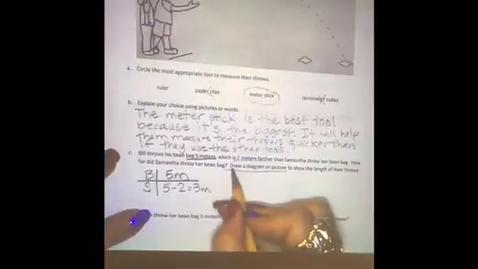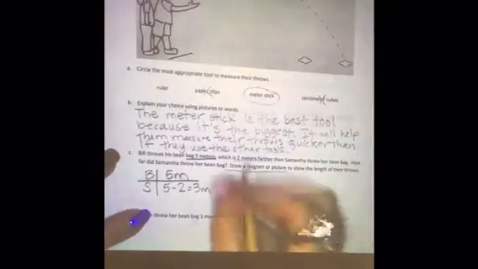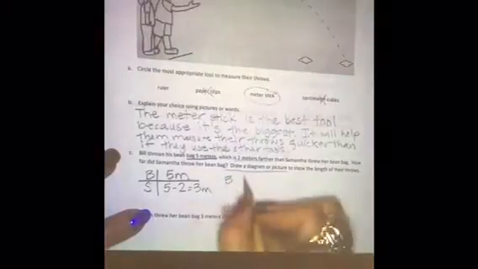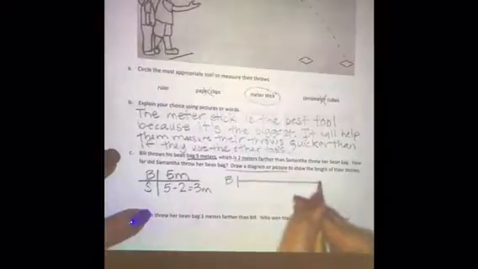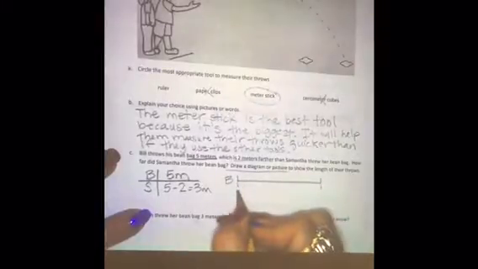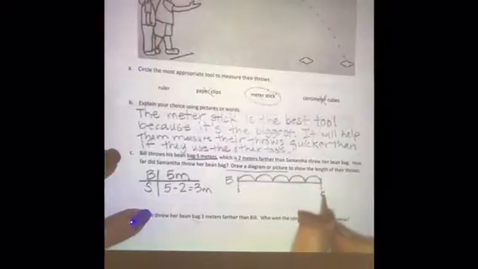So the question says draw a diagram or a picture to show the length of their throws. Well, here's Bill, and he throws his beanbag 5 meters. So here's 0, 1, 2, 3, 4, 5.